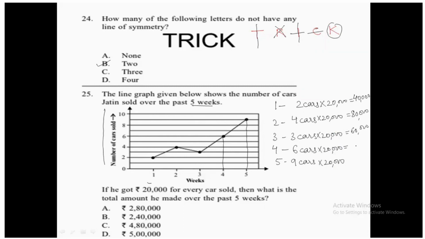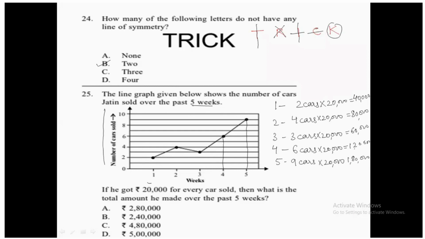Now here, 6 twos are 12, which is 1,20,000. And here we are getting 1,80,000. When we add all the numbers, 1,80,000 with 1,20,000, what are we getting? 3 lakh.